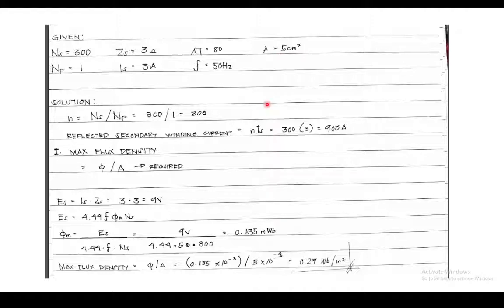So this is our solution. Our turns ratio, the formula is NS over NP, which is 300 over 1. Turns ratio is equal to 300. Then the reflected secondary winding current is the turns ratio times secondary current, equal to 300 times 3, which is equal to 900 amperes.